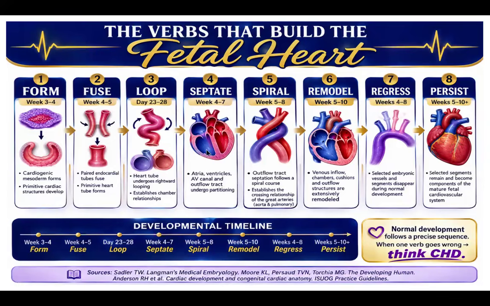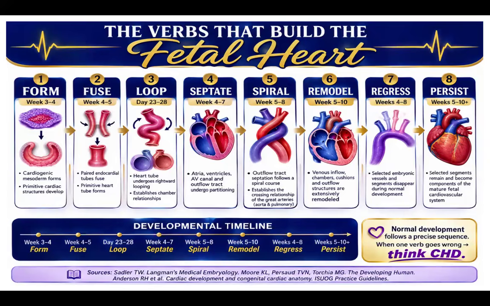Followed by septation. Now notice there's 8 steps in this development. By the midway point of step 4, notice we're starting to see what looks like a 4-chamber heart, because this is where that septation occurs. Once we're at septation, we do have some spiraling. When you think of a spiral, you think of that crisscrossing of those great arteries. So spiraling happens after septation, then follows remodeling.